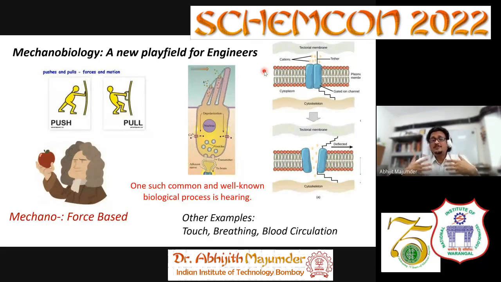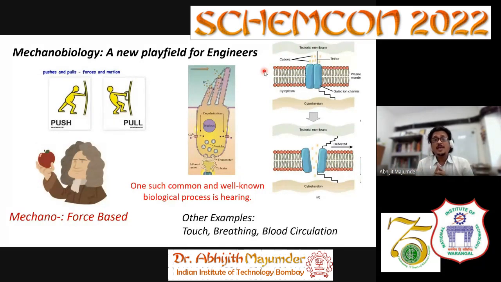When we breathe, our lungs get expanded, and the mechanics is playing a role. And obviously during blood circulation, the heart needs to pump, and when the heart pumps, the blood flows through the artery and then comes back through the veins, and they have different levels of elasticity, and as a result the blood vessels, artery and veins, expand differently, and that's why the blood circulates so well.